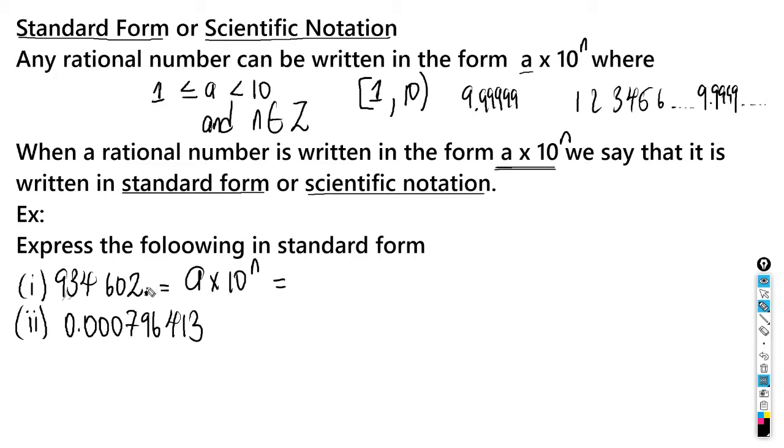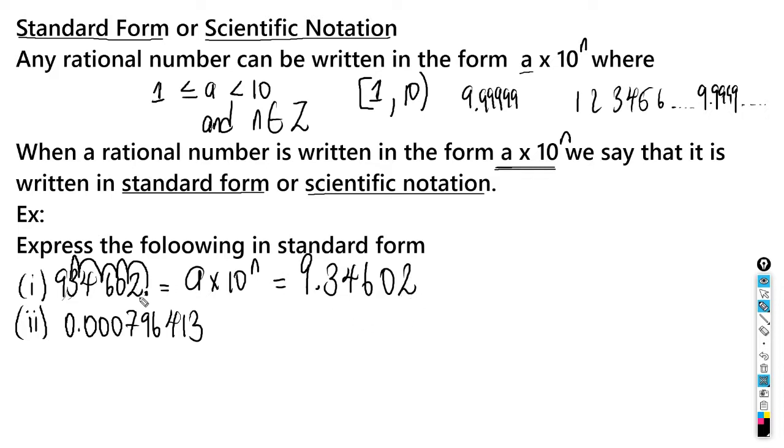So I move the decimal place from here 1, 2, 3, 4, 5 times, and I end up with 9.34602.